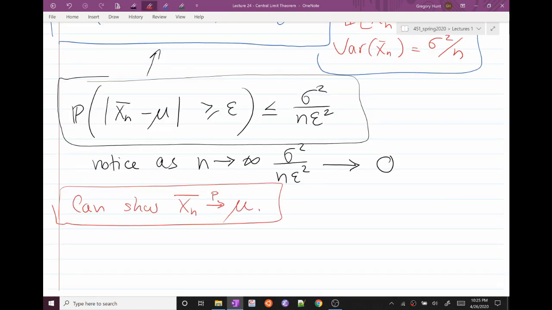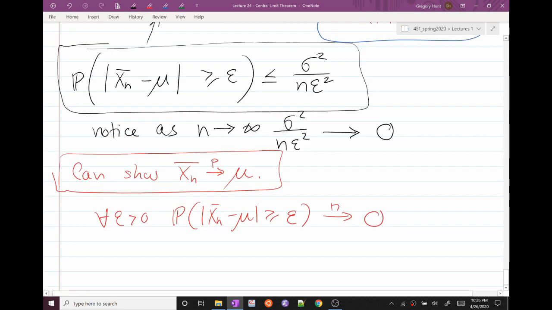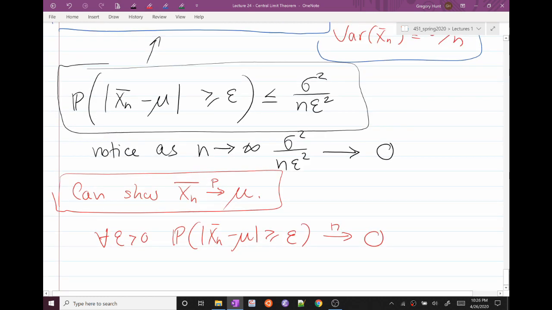We wanted to ultimately show that Xn bar converges in probability to mu. To show that, we need to show that for all positive epsilon, the probability that |Xn bar minus mu| is greater than or equal to epsilon converges to 0 as n gets large. What we've shown through this statement is that this probability is bounded above by something that converges to 0.